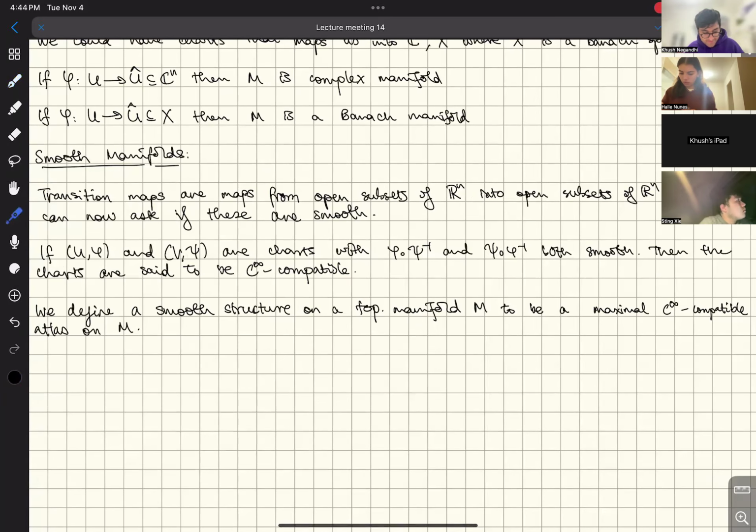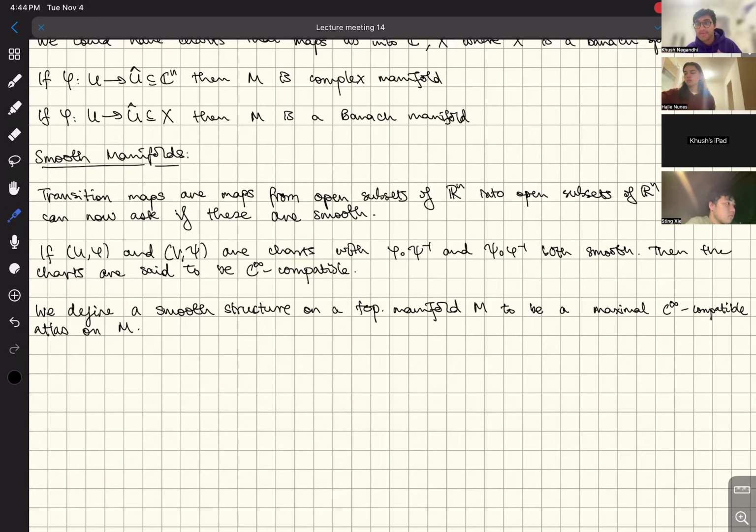What do I mean by this? So let's start with what a C infinity compatible atlas is. You take an atlas and it's C infinity compatible if any two maps you pick are C infinity compatible. Is that okay? It's maximal if we take the largest such collection.